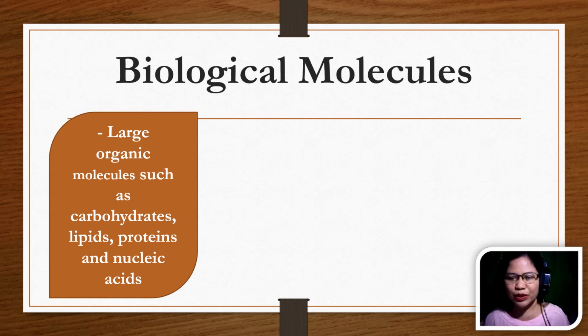Take note, the food that we are eating is very big. They are macromolecules that our cells could not digest or use. So there should be a process involved in order for these macromolecules to be useful to our body.